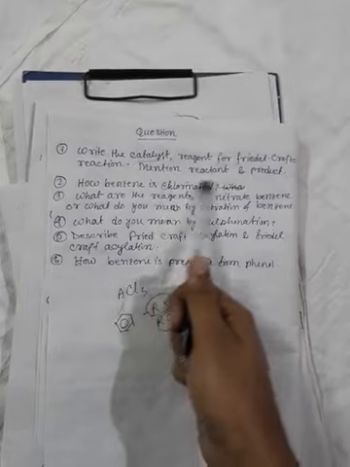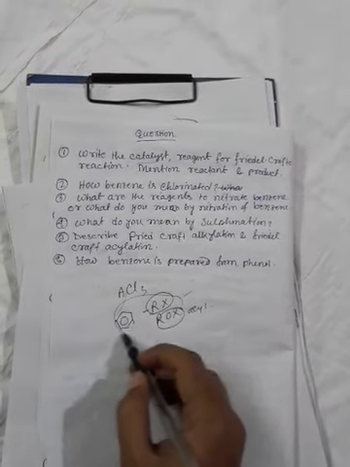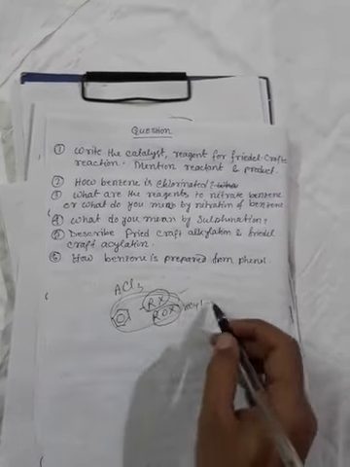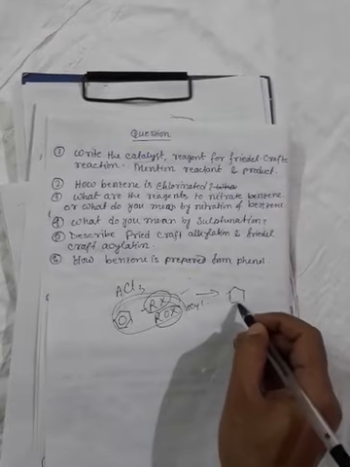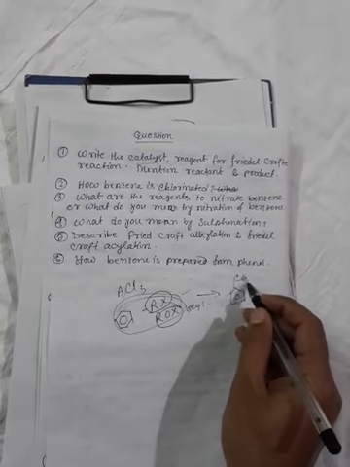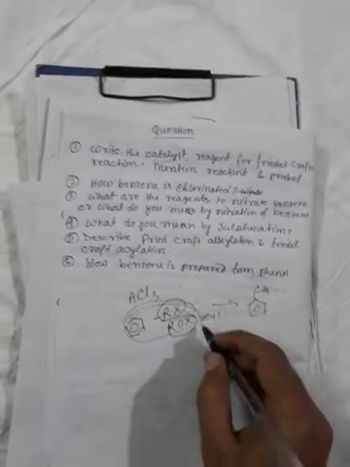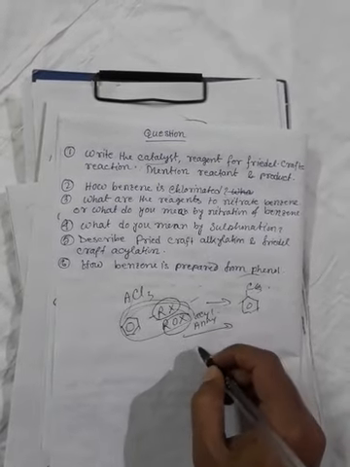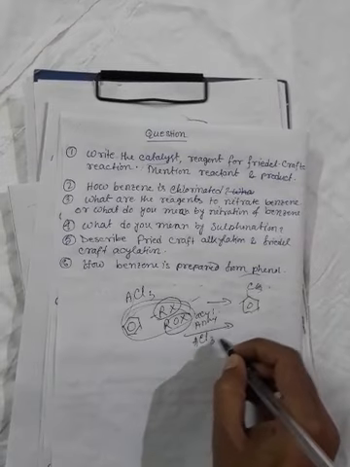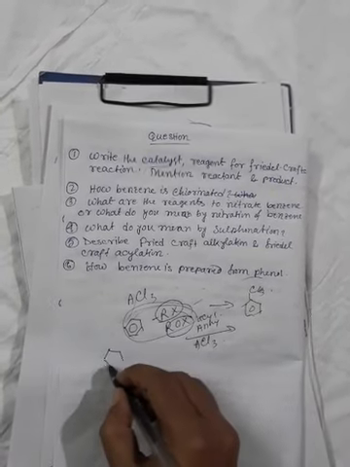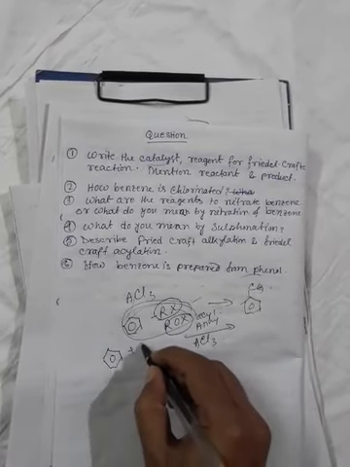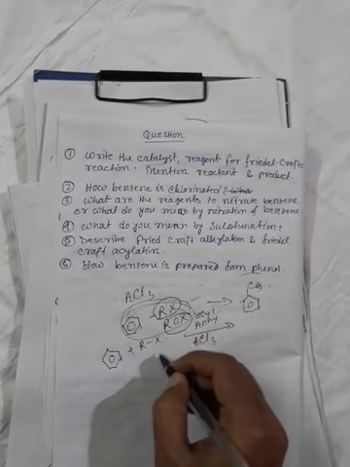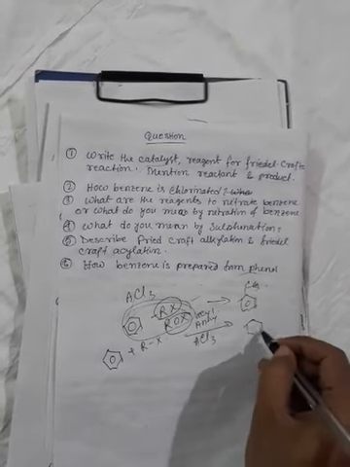Mention reactant and product. This is the reactant, and this is the product, when ethyl benzene or methyl benzene is formed. The reagent is anhydrous AlCl3. The reactant is benzene plus RX or ROX, and the product is this.